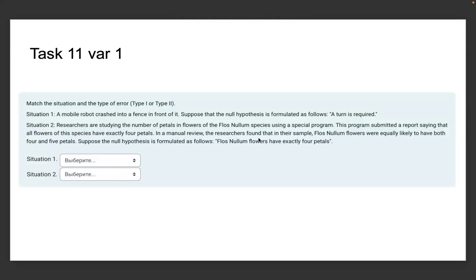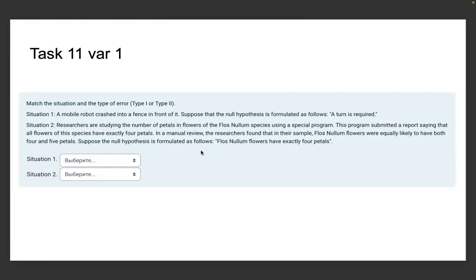And the second case is: floss nullum flowers have exactly 4 petals. And the situation is researchers are studying the number of petals in flowers of the floss nullum species using a special program. This program submitted a report saying that all flowers of this species have exactly 4 petals. In a manual review, the researchers found that in their sample, floss nullum flowers were equally likely to have both 4 and 5 petals.